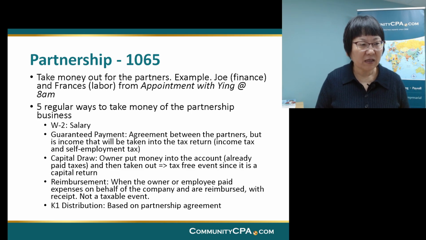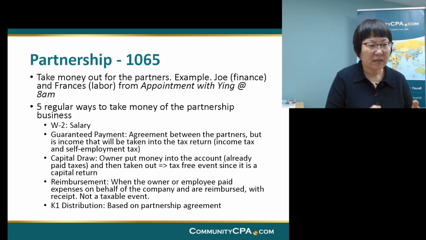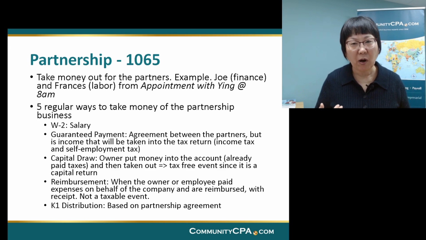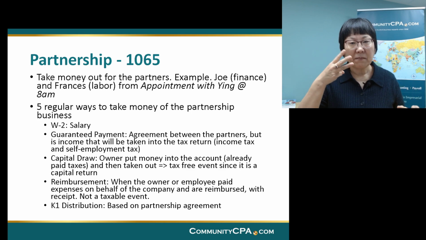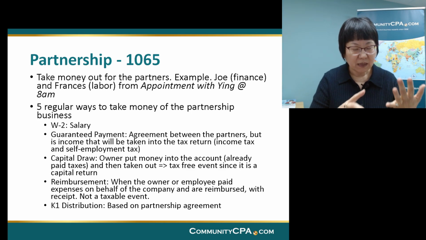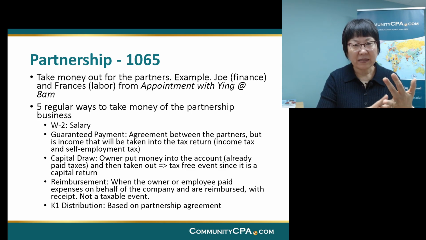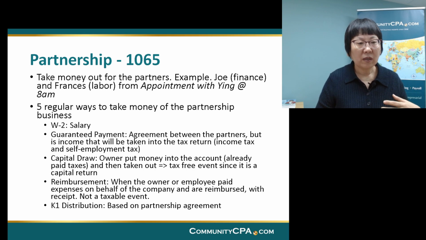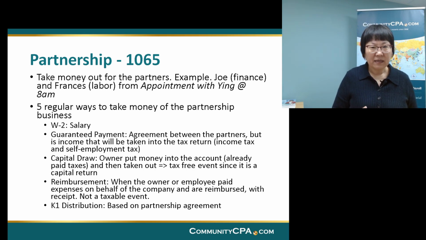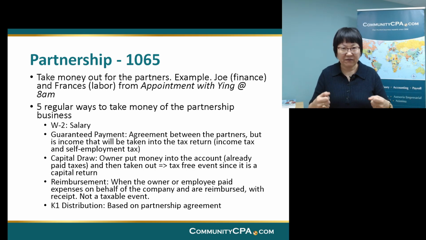So these two got paid differently, because they have a partnership, and the partnership can be structured by three major elements: the income, the expense, and the equity. So Joe and Francis, their equity is 50-50.